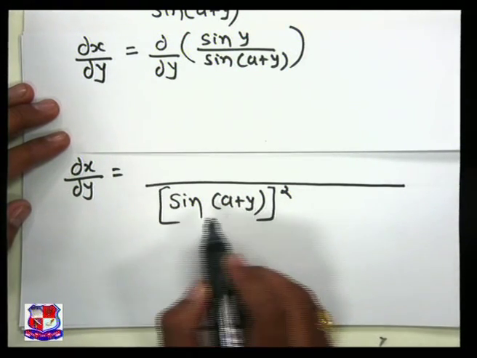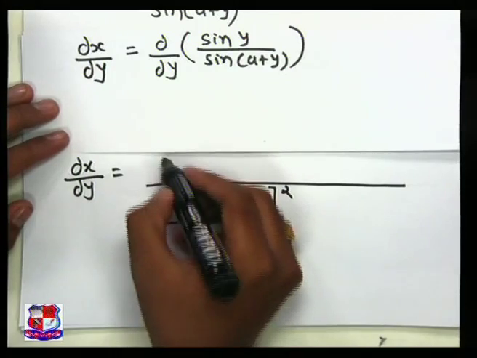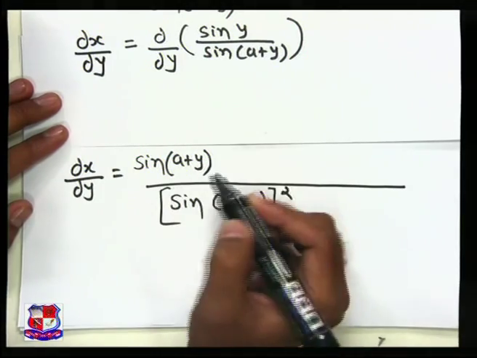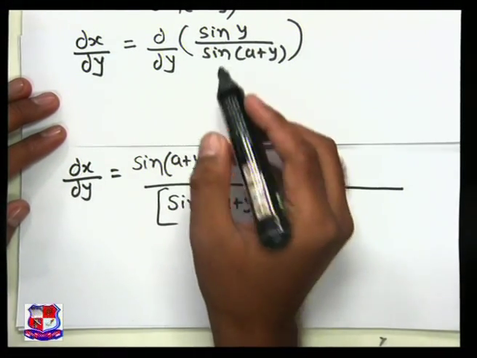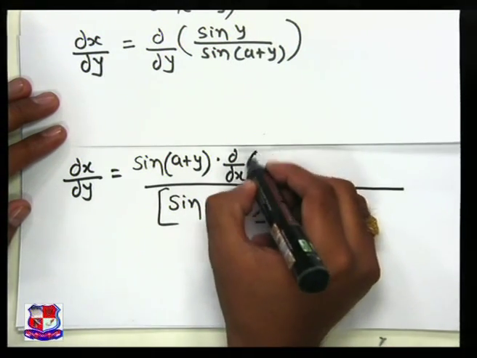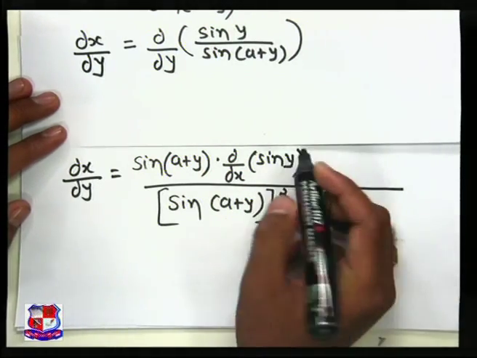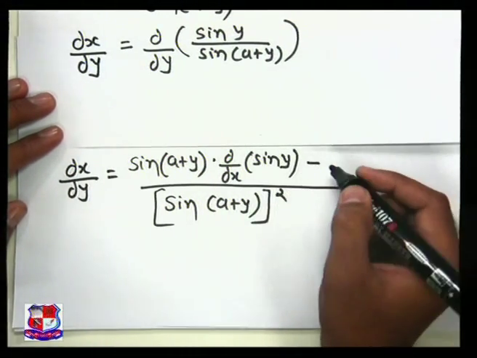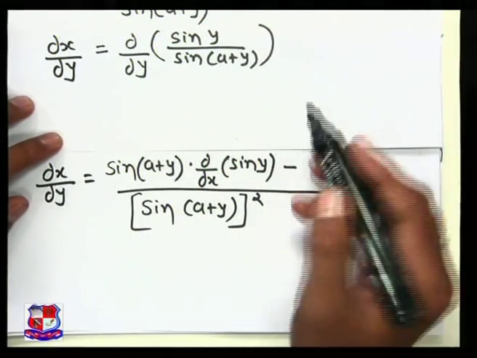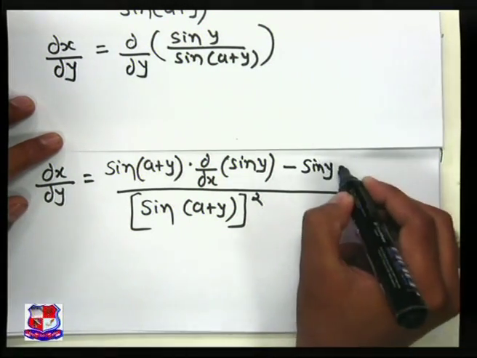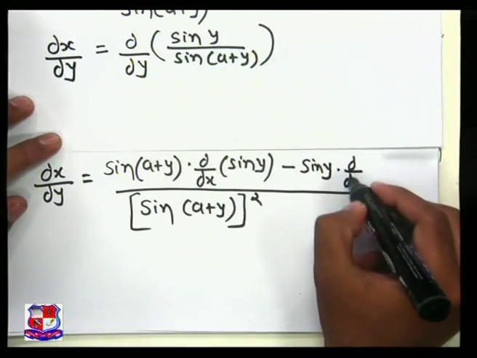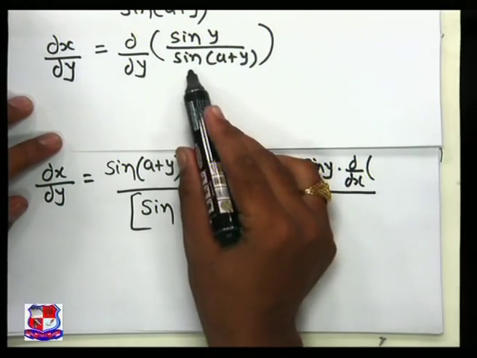The denominator term as it is, that is sin a plus y, then multiply by the differentiation of the numerator, d by dy of sin y. Put a minus sign, that is the rule of differentiation of division, then write sin y as it is, multiplied by the differentiation of the denominator, d by dy of sin a plus y.